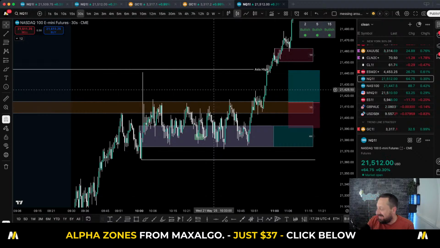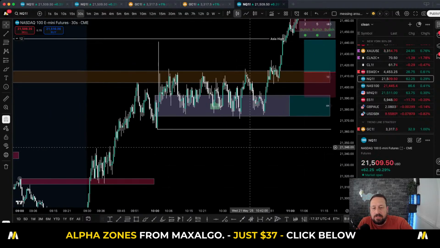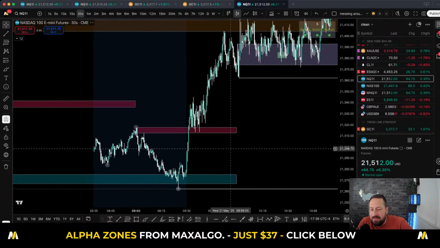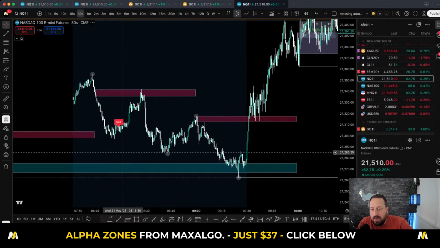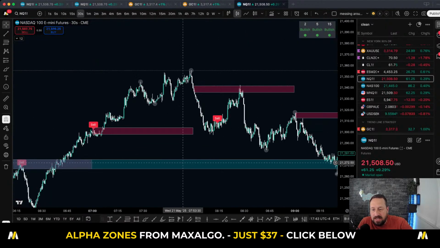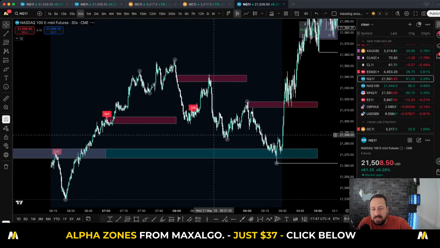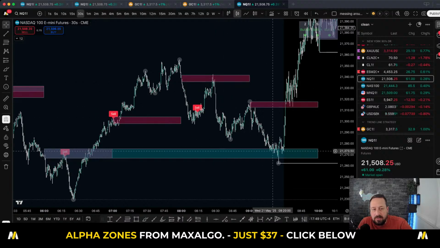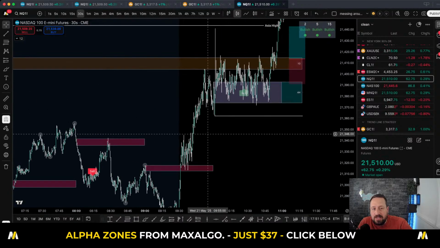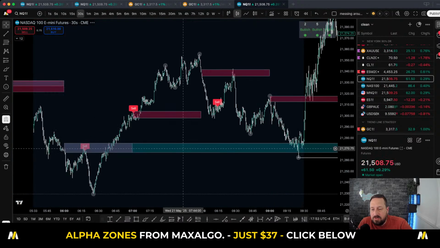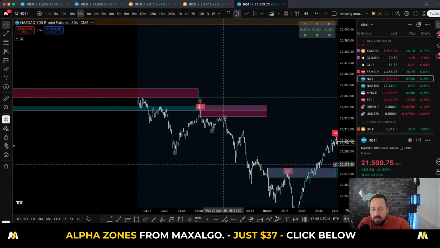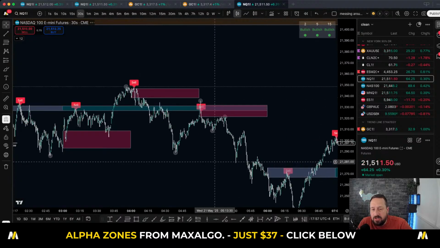Because you're going to finish with a really strong week. And that's what you're looking for: clean price action. One of the important things you need to be able to see is what our structure is like.